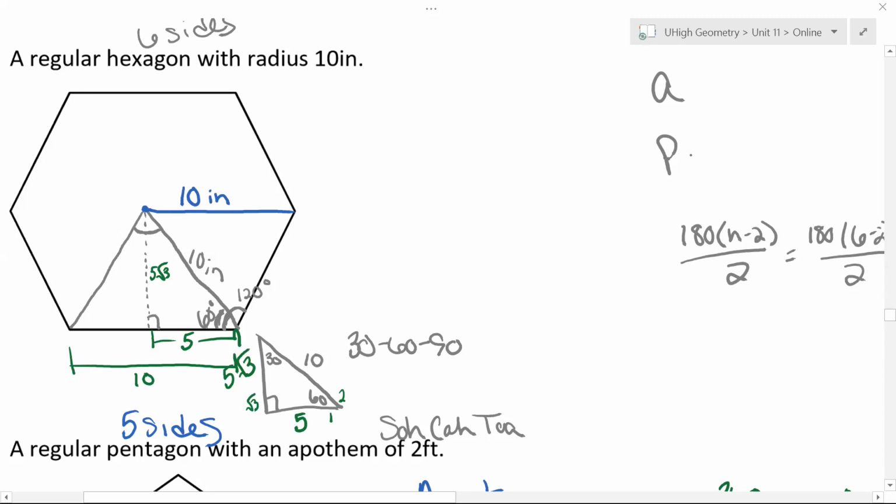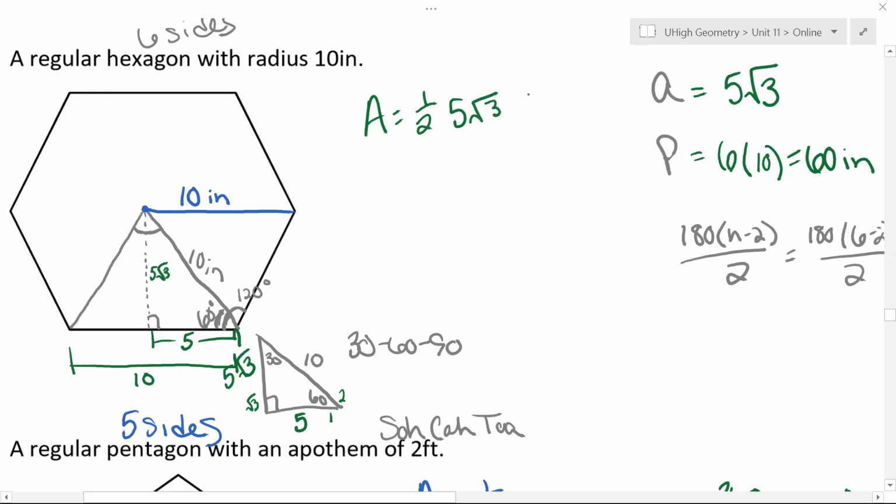So my perimeter, I can just do my number of sides, which is 6, times my side length, which is 10. So my perimeter is going to be 60 inches. And my apothem, we found, is 5 root 3, using my 30, 60, 90 triangle. So my area is 1/2 my apothem times my perimeter.